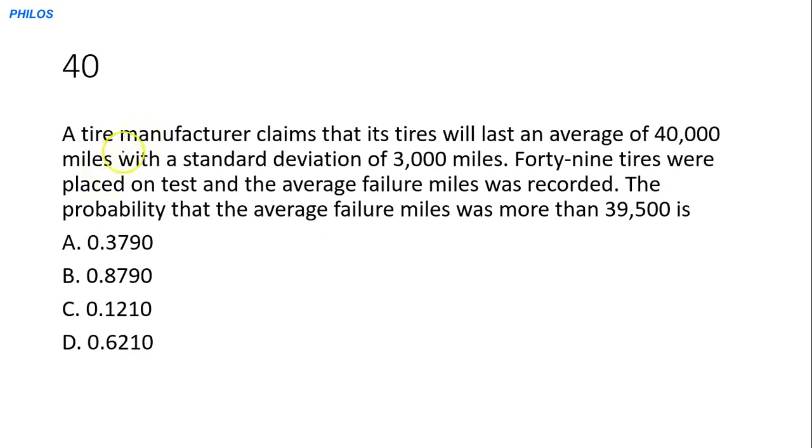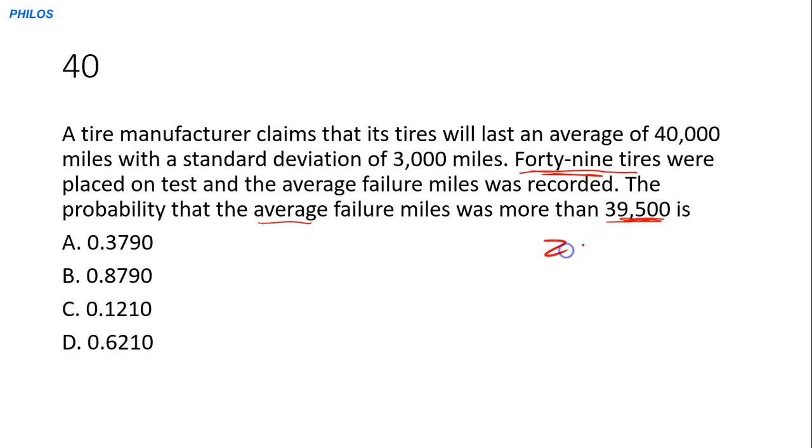Question 40 says, a tire manufacturer claims that each tire will last an average of 40,000 miles with a standard deviation of 3,000 miles. 49 tires were placed on test and the average failure miles was recorded. The probability that the average failure miles was more than 39,500 is... they say average, so this is also the sample mean. A sample of 49 was taken and the sample mean is 39,500.